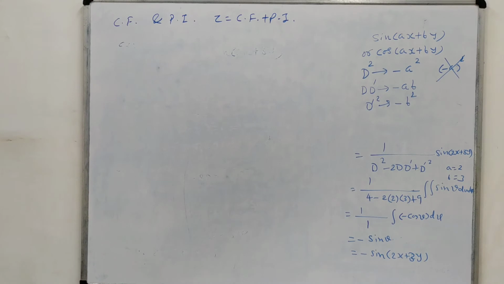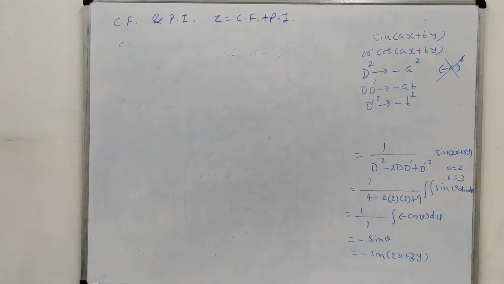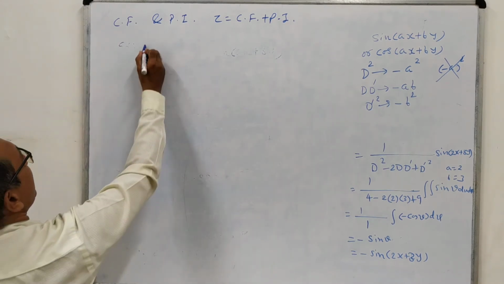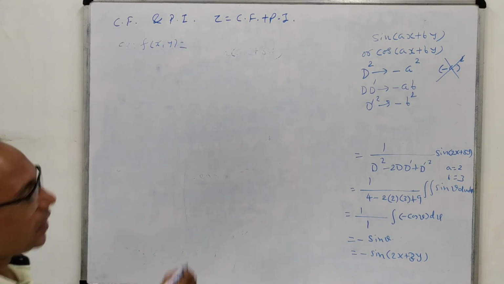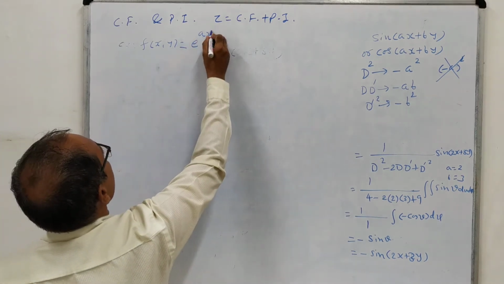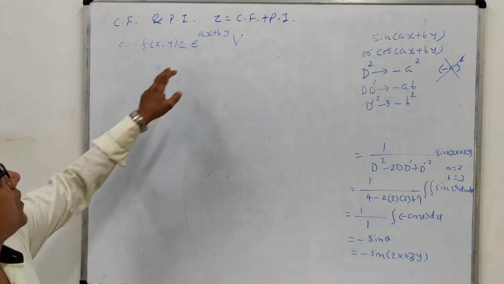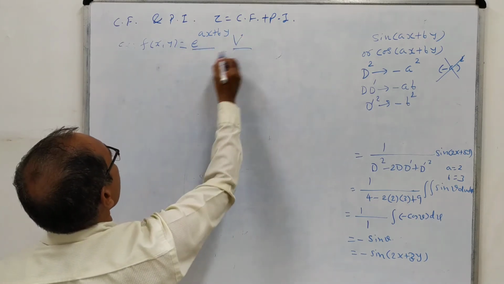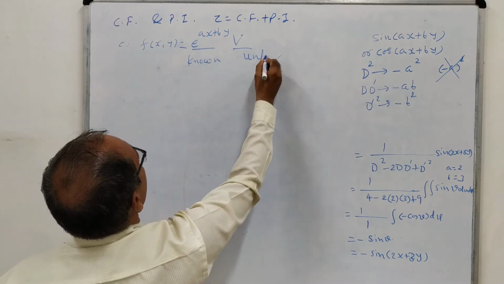Now let us see one more example here. When the case is f(x, y) on the right hand side equal to e^(ax+by) into capital V, there are two functions. One function is known and the other is an unknown function.